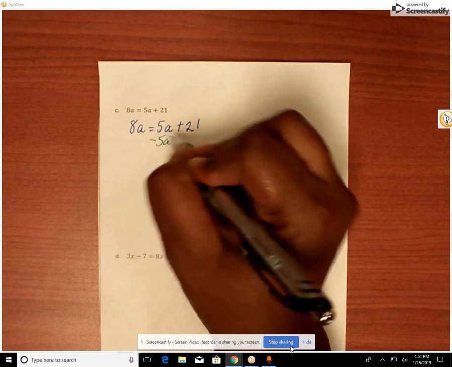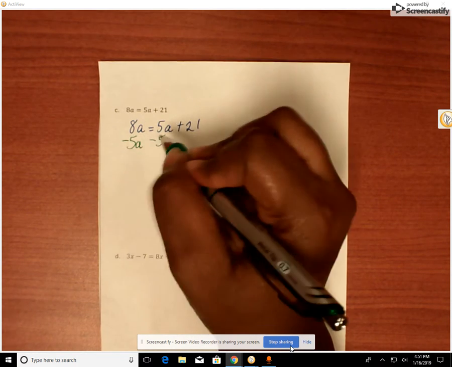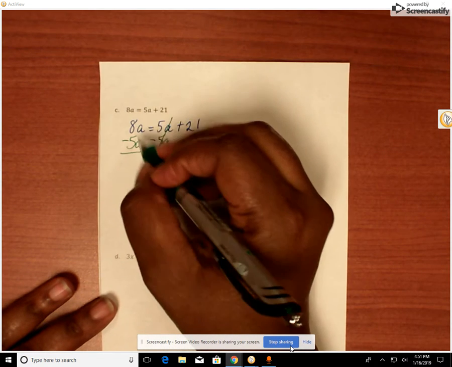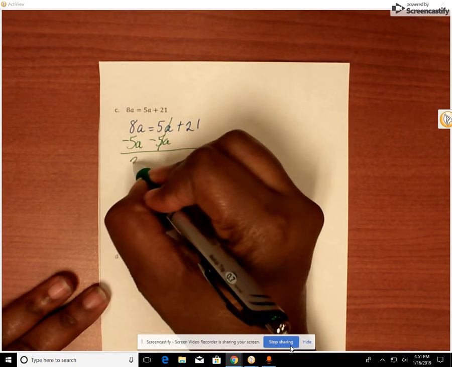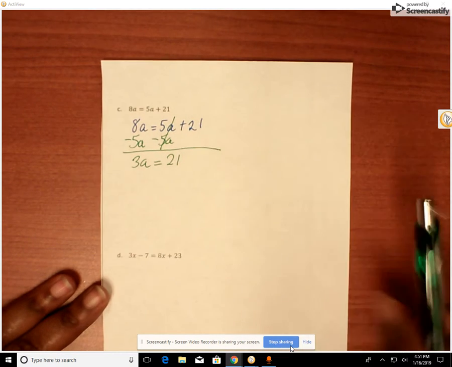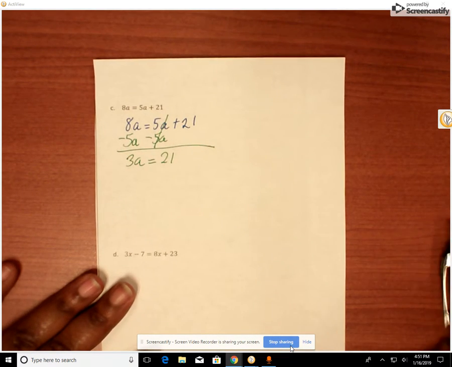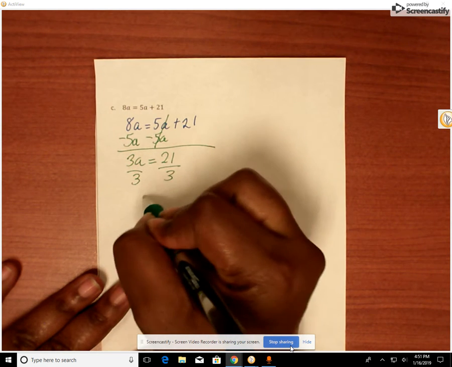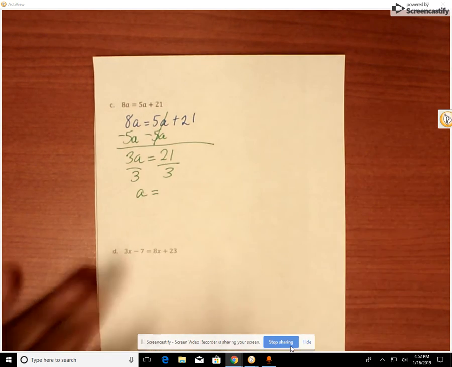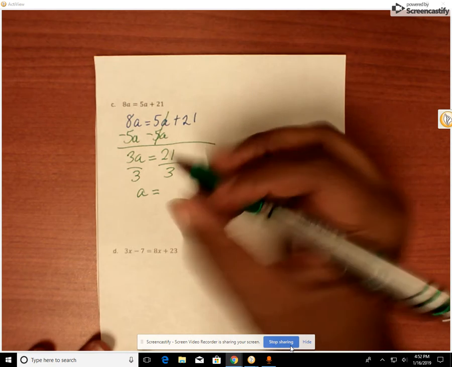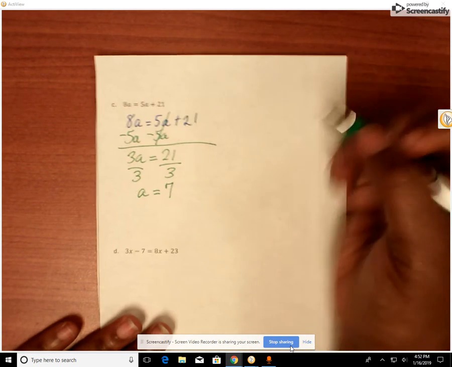So I have to subtract 5A from both sides. That cancels out. 8A minus 5A is 3A equals that 21. Coefficient is 3, so we can divide both sides by 3. 3 is the coefficient because it's being multiplied times your variable, and your variable is A. 21 divided by 3 is 7.